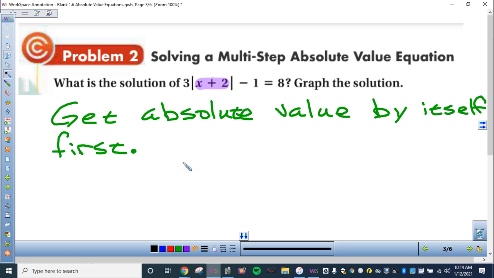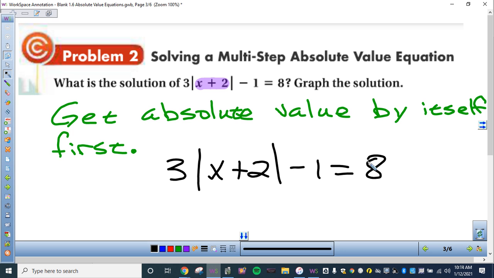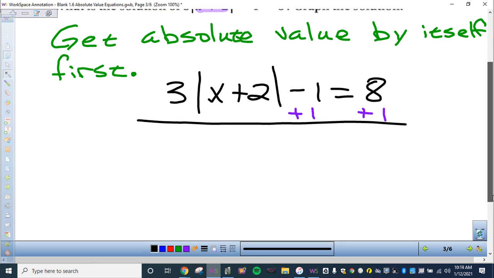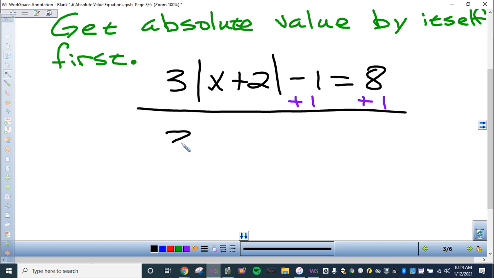We're going to go 3 times absolute value, x plus 2, minus 1 equals 8. And we're going to add 1 to both sides. Right, all of this before you write your 2 equations. So we have 3 times absolute value of x plus 2 equals 9. Now, God forbid you end up with a fraction when you divide here. You might have a meltdown, but you know what? You can get through it.